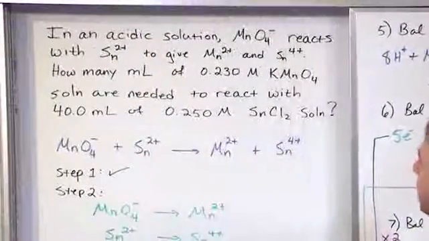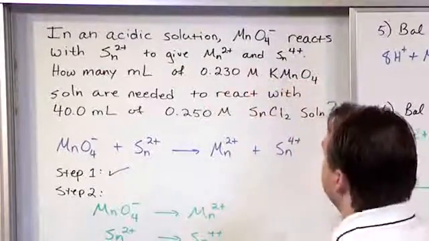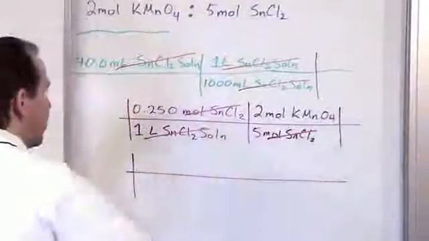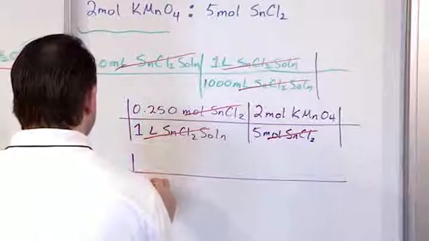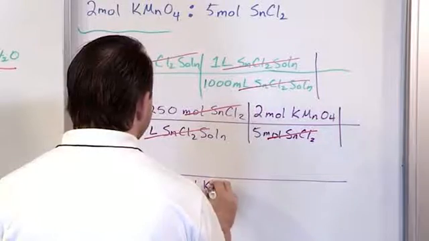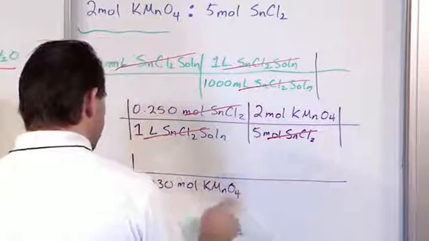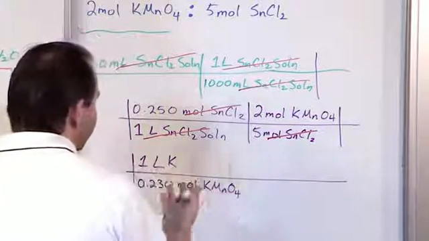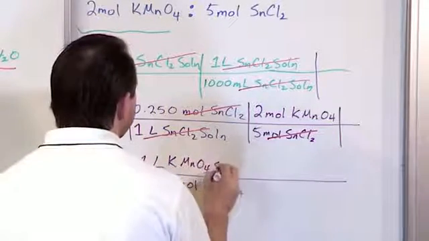So when I go back and look, I'm reacting with potassium permanganate solution. The molar concentration is 0.230 moles per liter. So the way I'm going to write this is I'm going to say 0.230 moles of potassium permanganate. This guy is contained in 1 liter of potassium MnO4 solution.